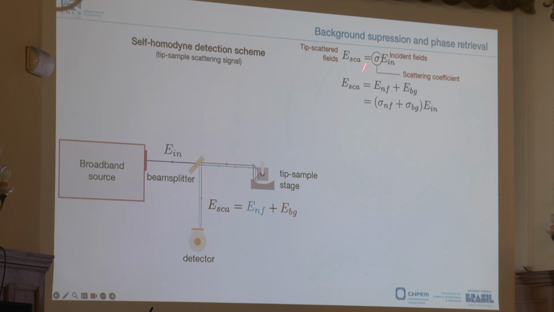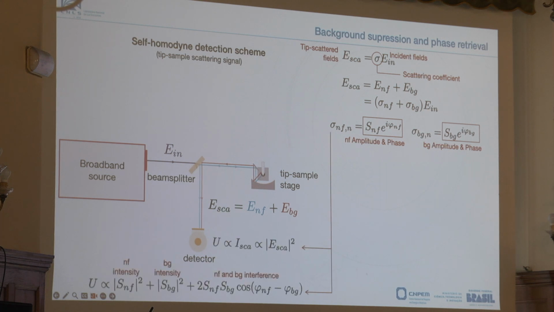You can write this coefficient as a summation of near field and background coefficients, which are complex quantities. So this is related to the amplitude and phase of the near field and the background, and that's the same expression that Rainer showed before putting in the interferometer.